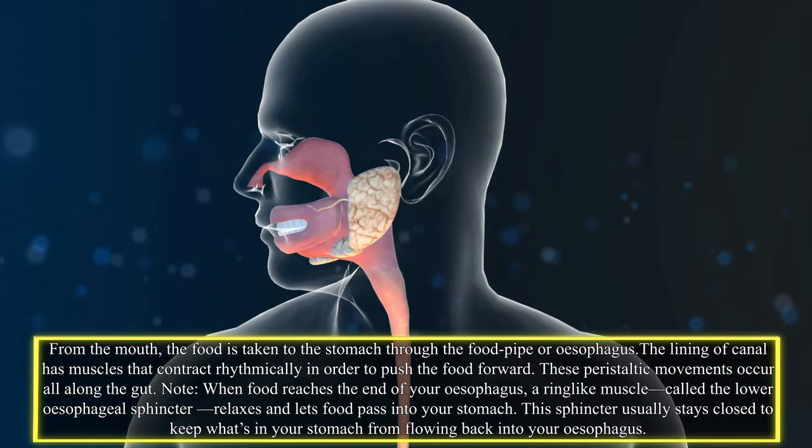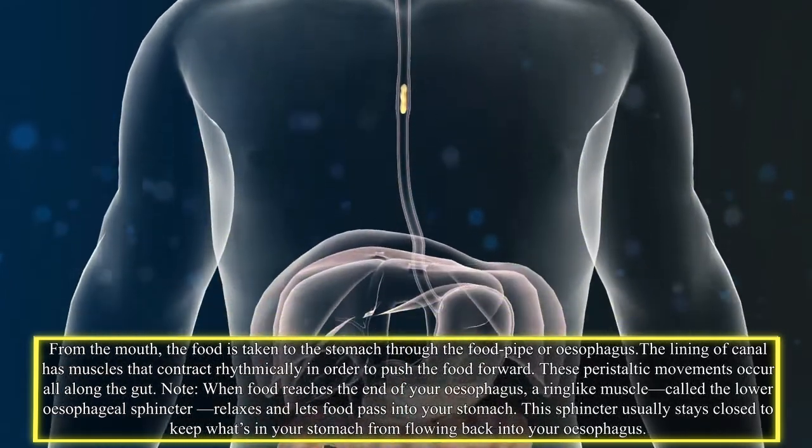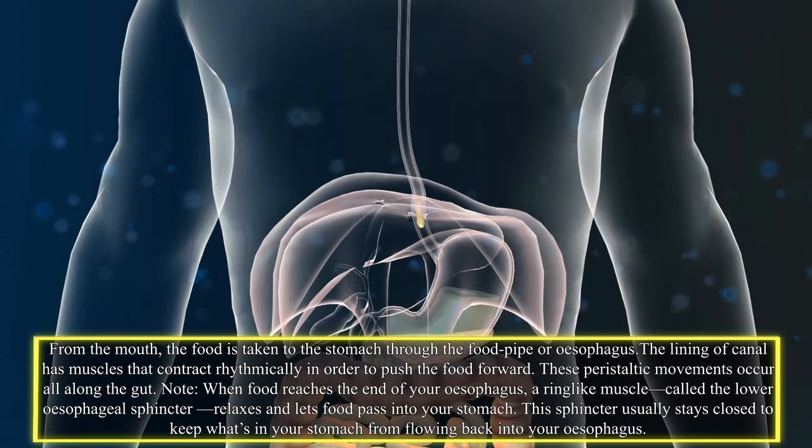Peristaltic movement. From the mouth, the food is taken to the stomach through the food pipe or esophagus. The lining of the canal has muscles that contract rhythmically in order to push the food forward. These peristaltic movements occur all along the gut.